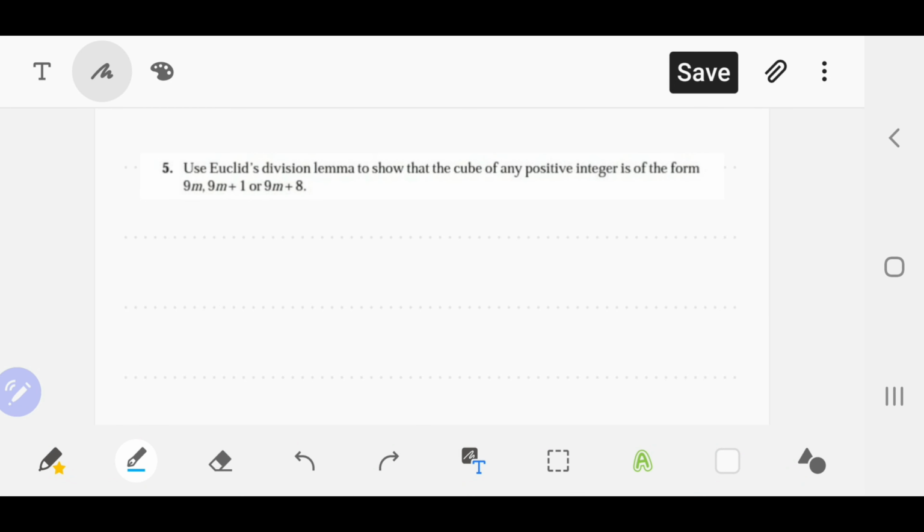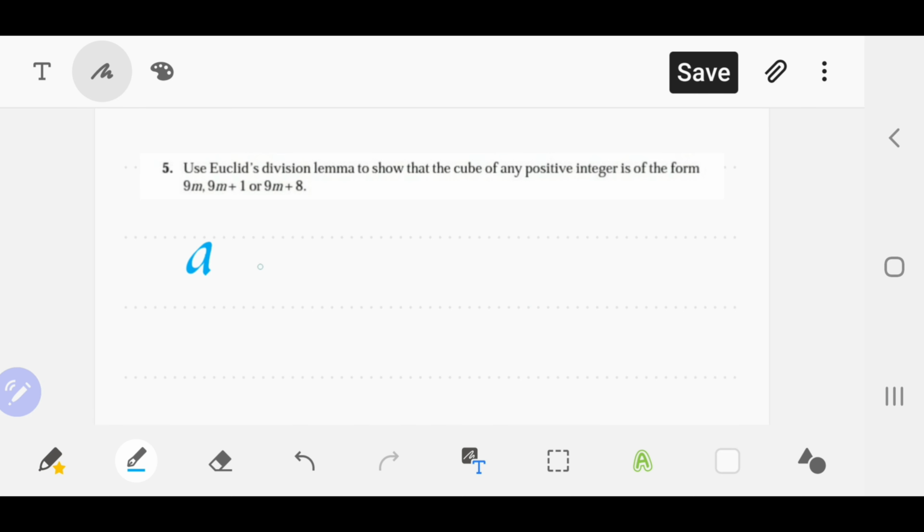So our next question is, use Euclid division lemma to show that the cube of any positive integer is of the form 9m, 9m plus 1 or 9m plus 8. For solving this, first we have to find out what are the possible a.